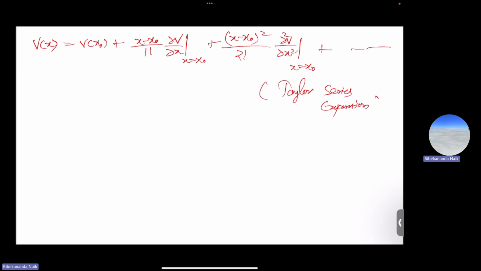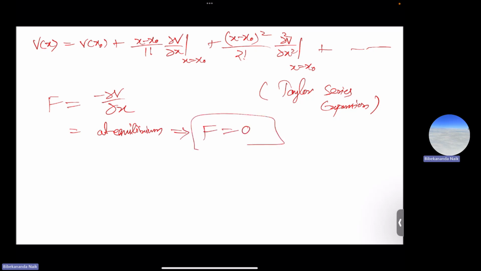Now, at equilibrium or the reference point, del V by del x is 0. Since we know force is given by minus del V by del x, whenever the system is at equilibrium, the total force acting on it is 0.